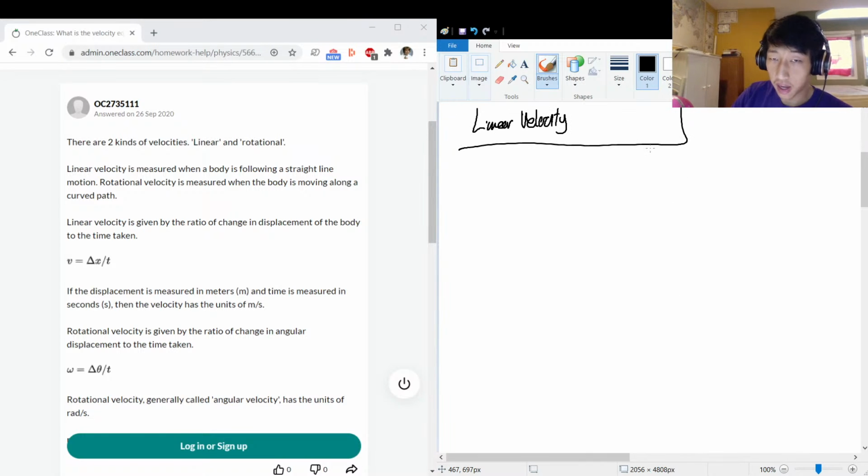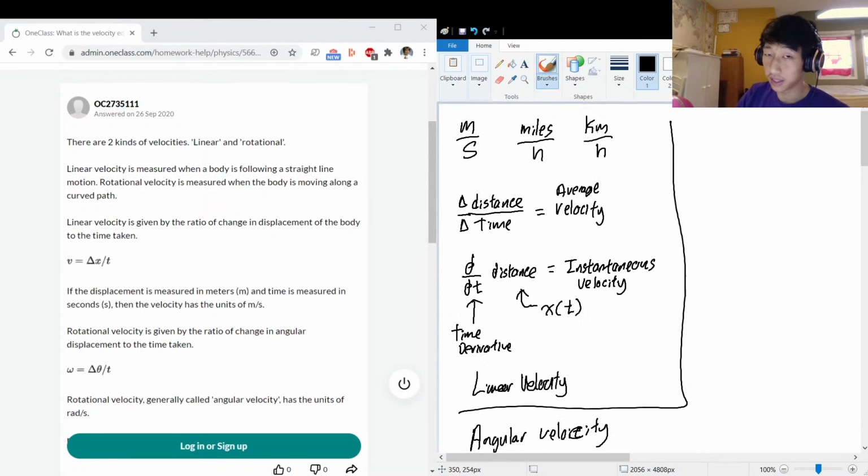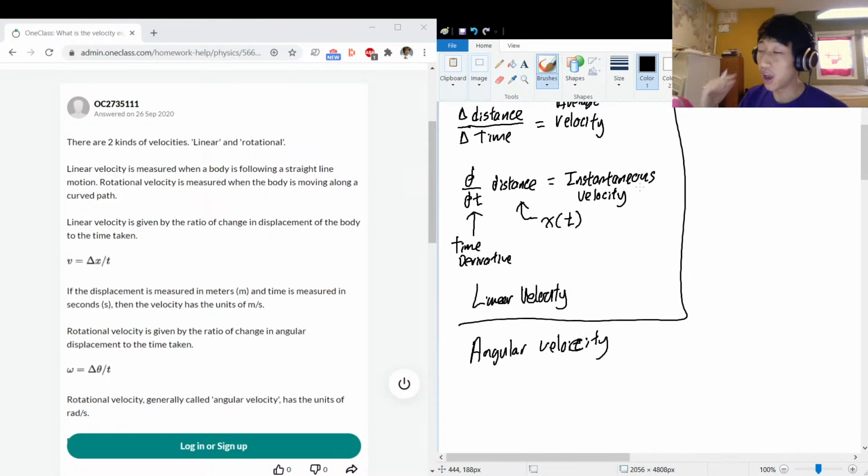We also have angular velocity. Instead of linear velocity, which is distance over time, it's your angles. It's your change in angles. This is typically important for curved motion. If you're moving along curves or in a circular path, it'll be more useful there.